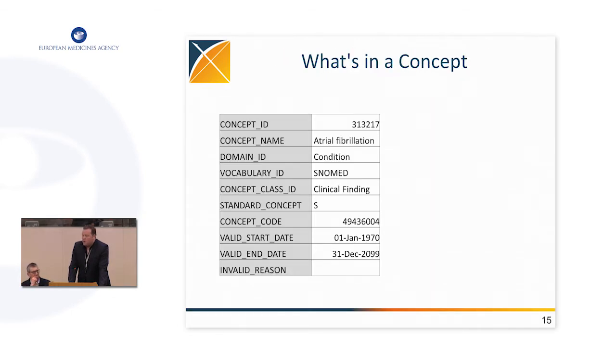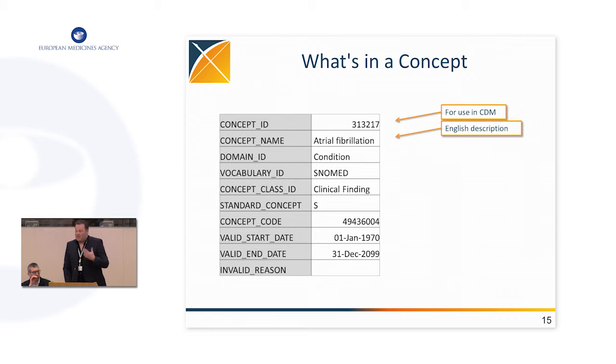So what is a concept? A concept has a concept ID. That's just used in the CDM. It has a name, of course, atrial fibrillation is here an example, and it belongs to a certain domain. So in this case, atrial fibrillation is part of the condition domain.